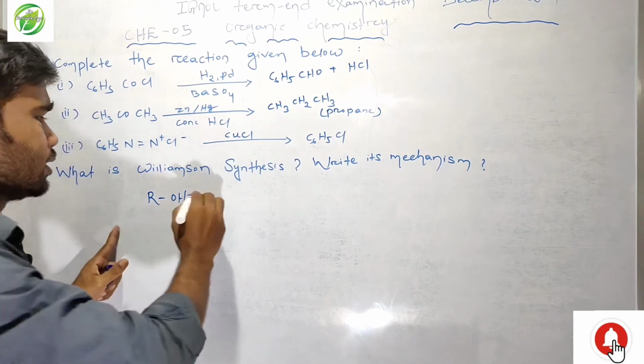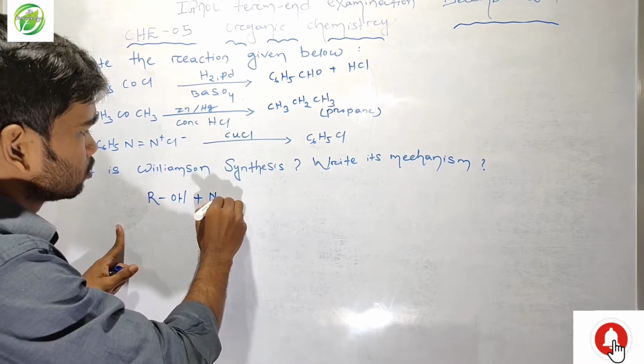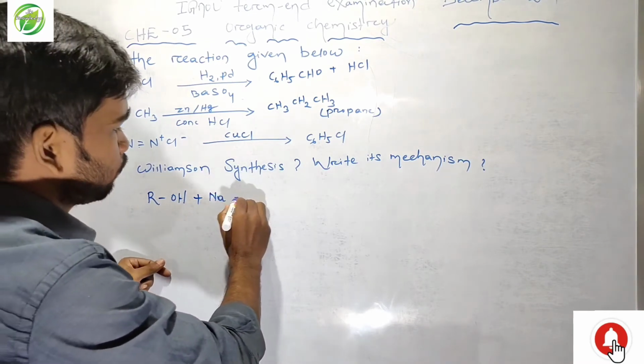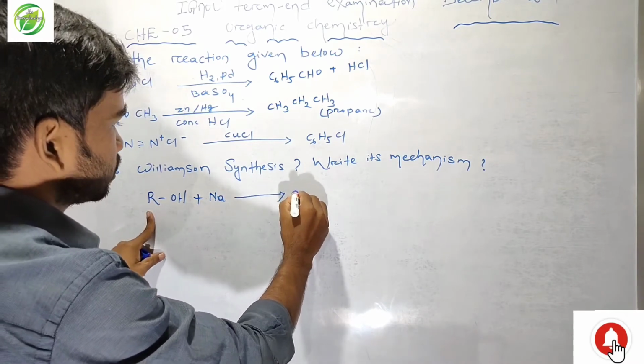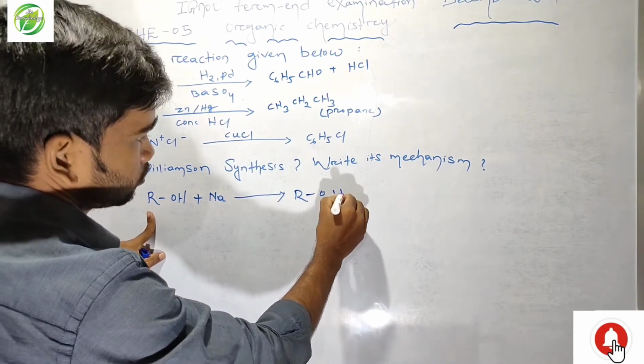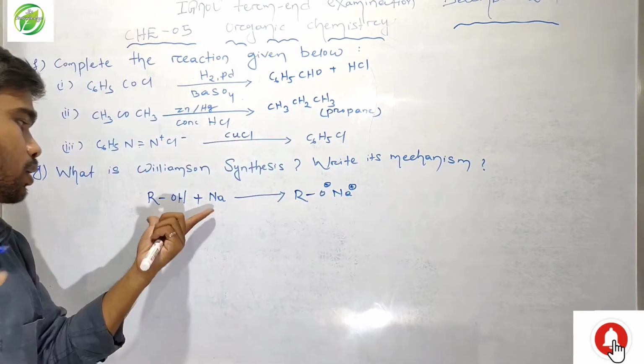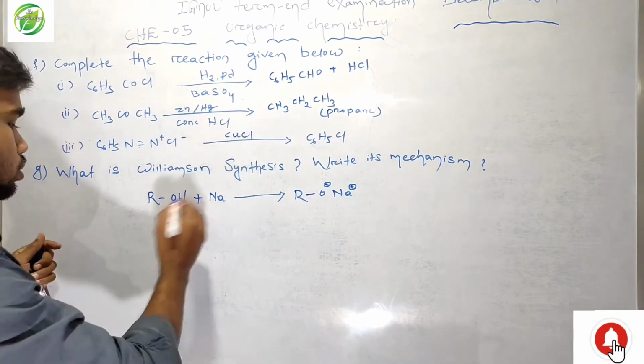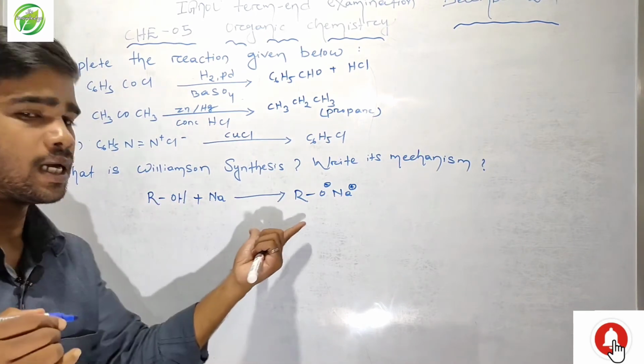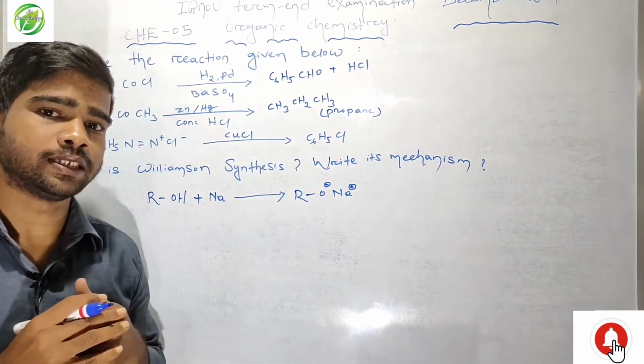One alcohol reacts with sodium or potassium to form an alkoxide, and another alcohol forms alkyl halides.